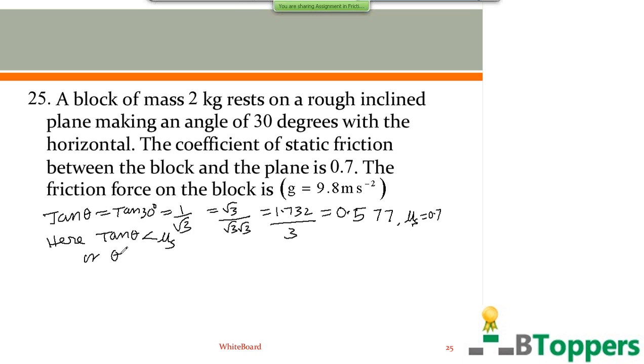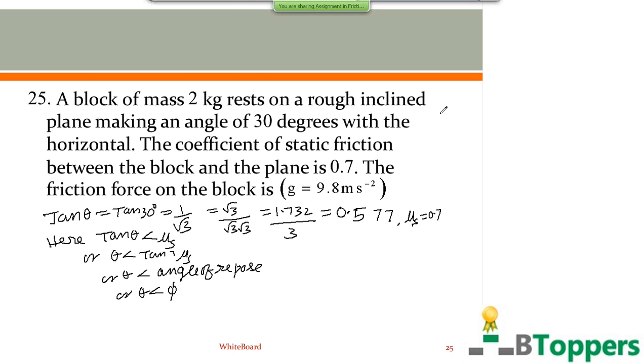That means theta is less than tan inverse mu s, or the angle of inclination of the inclined plane is less than the angle of repose, or you can say the angle of inclination of the inclined plane to the horizontal is less than the angle of friction between the two surfaces. So the block therefore will be at rest.